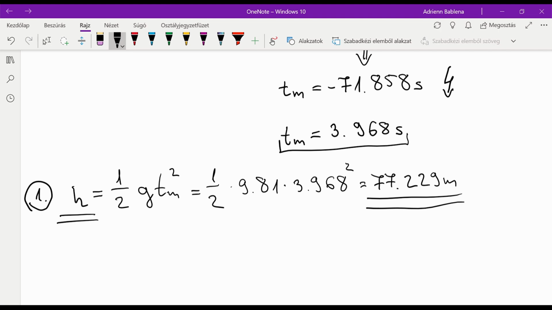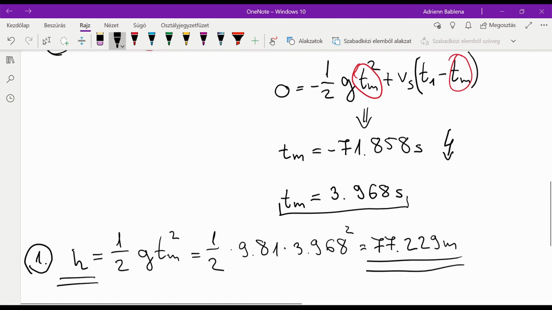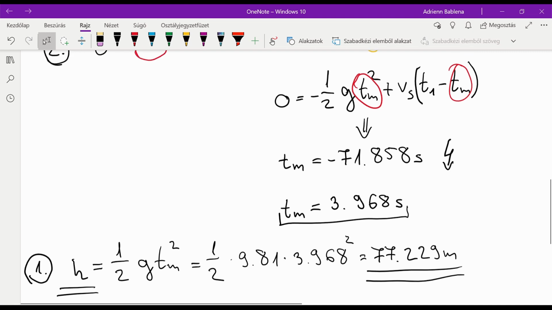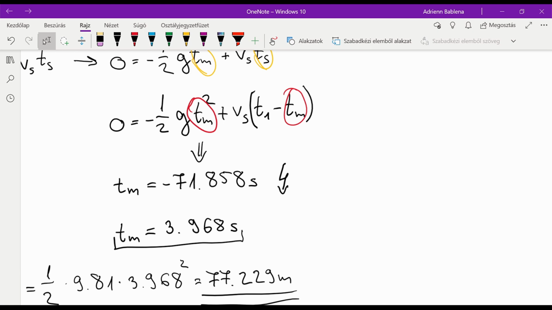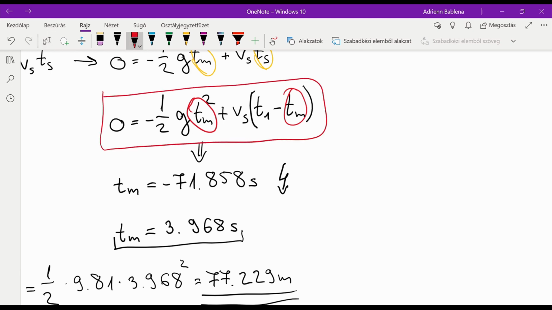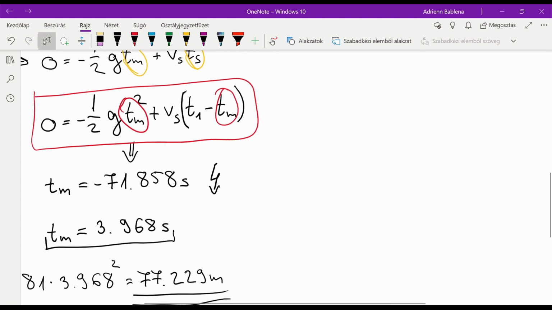Sorry, Professor. Above the 3.968, that is 71.858. What is that? I don't understand. So here is the equation.